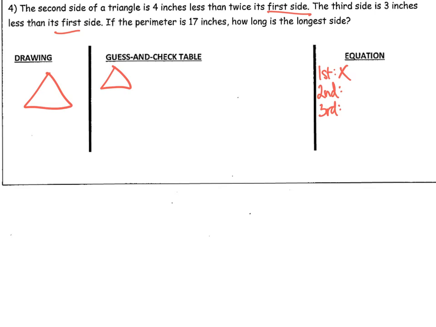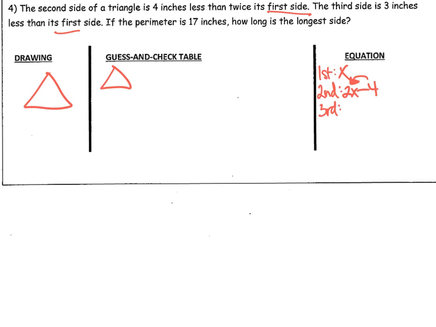How do I write that? 4 less than twice the first. Someone. You're close. I would rather put the 4 less at the end because it's 4 less than what? Than 2x, twice the first. 2x minus 4 is the best order.